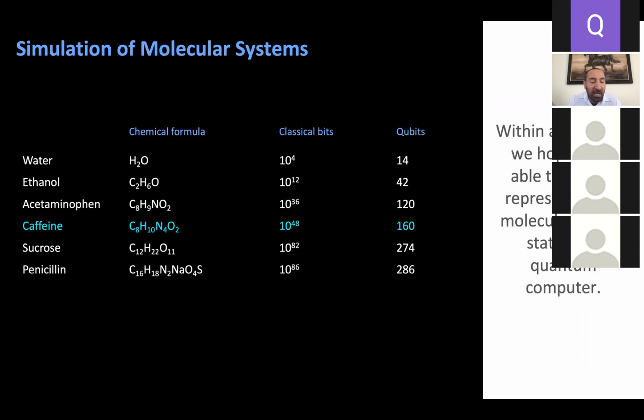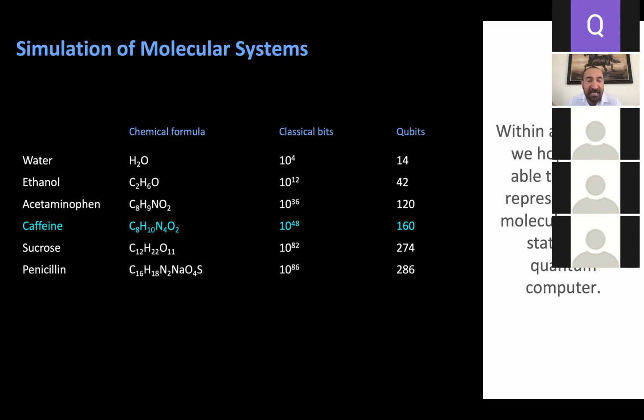Now, this requires computing, for example, the ground state molecular energy of the molecule. And this computation is actually factorial in the number of spin orbitals in the molecule. So that's why this complexity comes together in this slide.